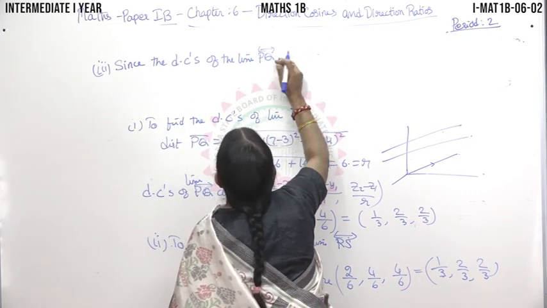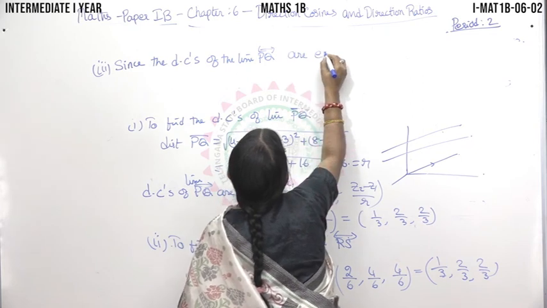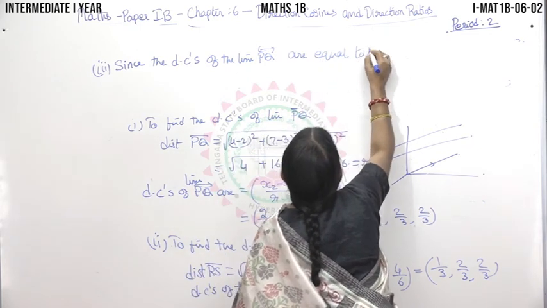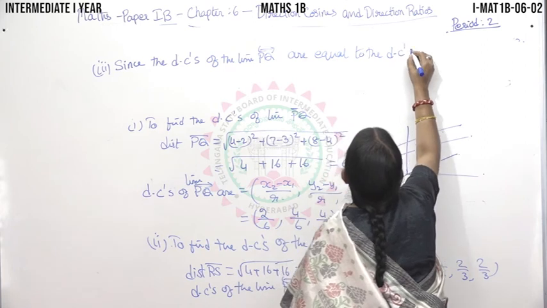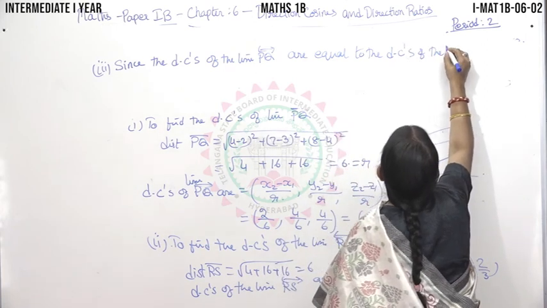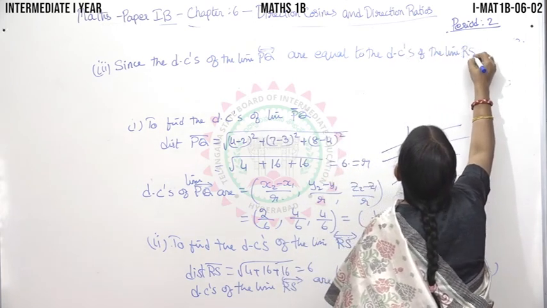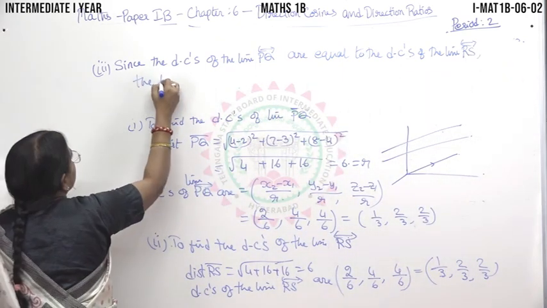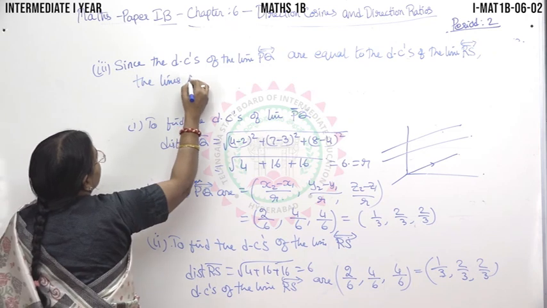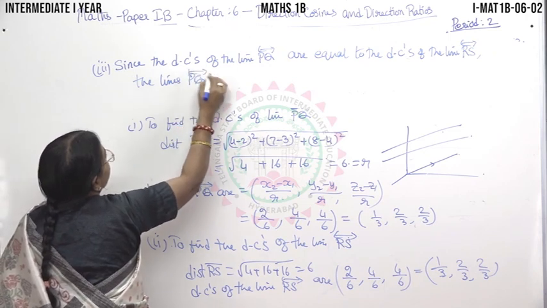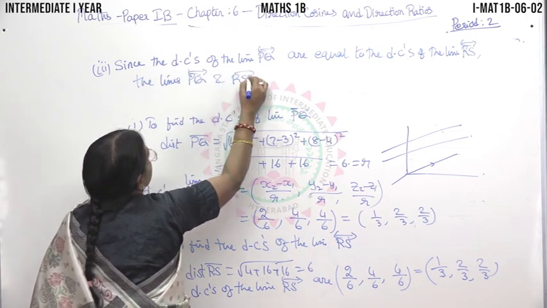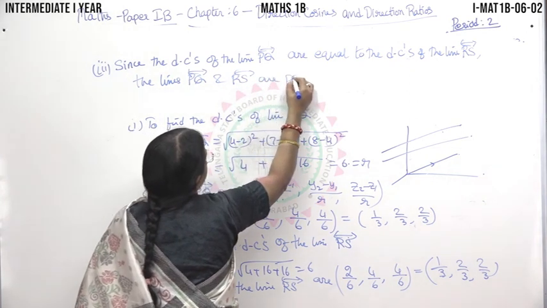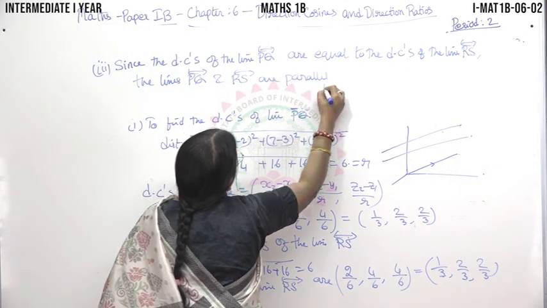Since the direction cosines of the line PQ are equal to the direction cosines of the line RS, the lines PQ and RS are parallel. Hence it is proved.